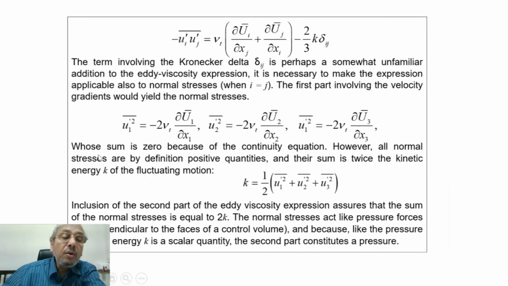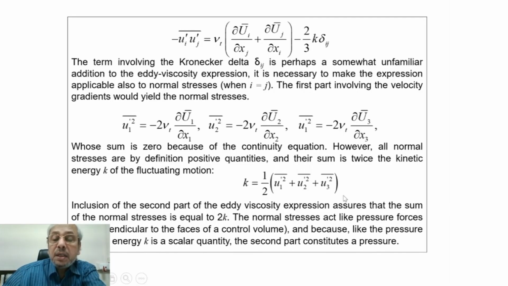However, all normal stresses are by definition positive quantities, and their sum is twice the kinetic energy K of the fluctuating motion, where K is given by half of u1 prime square bar, u2 prime square bar, u3 prime square bar.